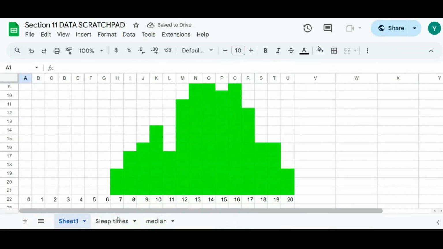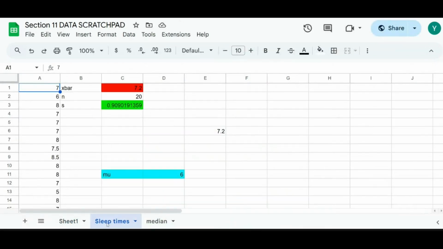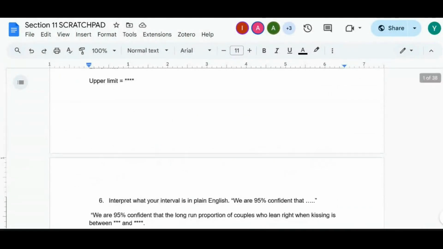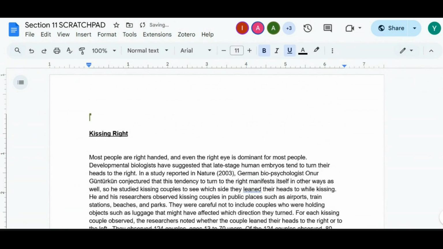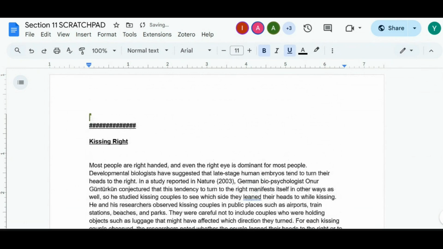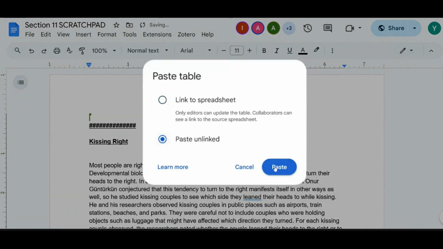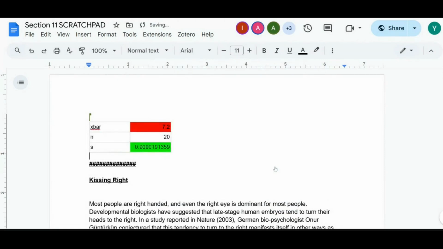Okay, sleep times. I am going to copy this over to Scratchpad so we can deal with this. I have just pasted our class sleep data onto a Scratchpad.